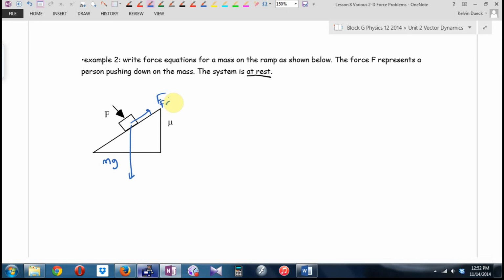I'm going to leave the applied force where it is, but now I'm going to go components, and I'm going to say, okay, here's mg perpendicular, here's mg parallel. How big is the normal force? Now, normally, no pun intended, I've drawn the normal force like that. Why would that be wrong this time?